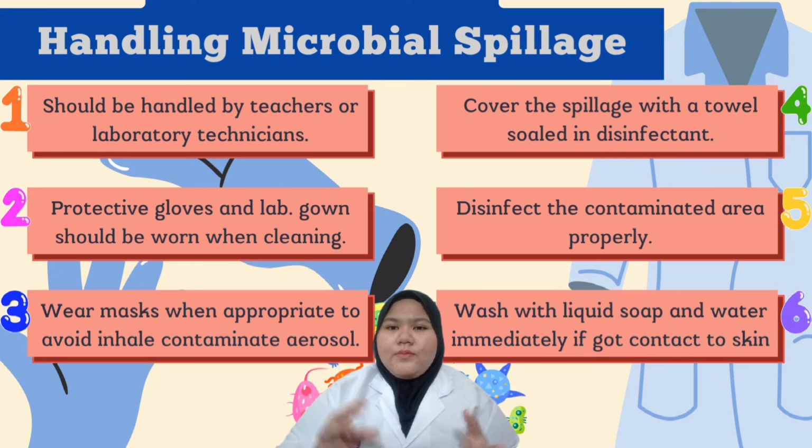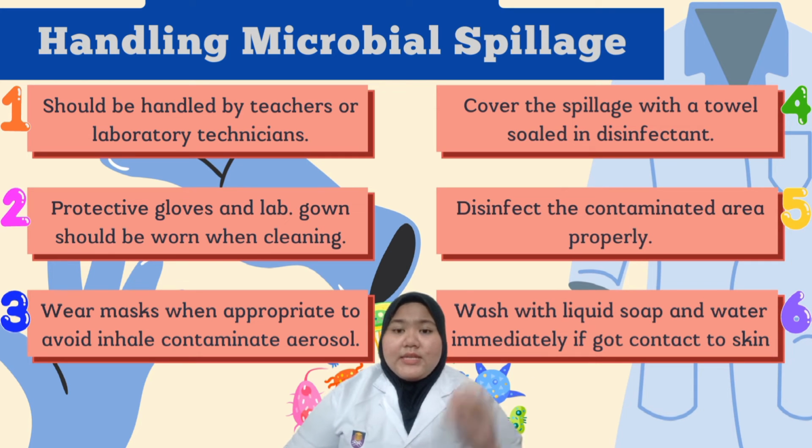Next topic is on how to handle any microbial spillage. Microbial spillage should be dealt with by teachers or laboratory technicians. When cleaning up the mess, the person handling it needs to wear protective gloves and laboratory gowns. They are also encouraged to wear masks when appropriate, because it is important that they do not inhale the aerosol cloud formed above the spill. The spillage then needs to be covered with a towel soaked in a disinfectant such as hypochlorite.